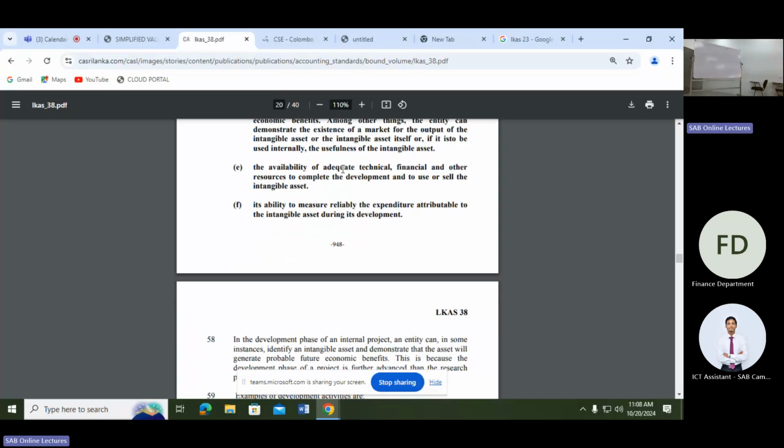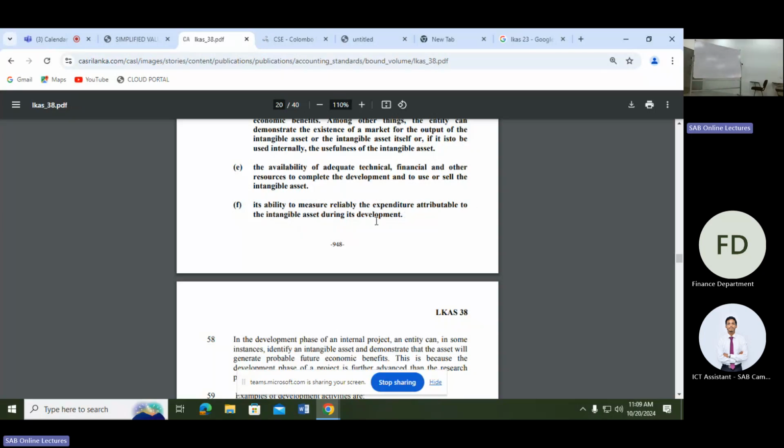The availability of adequate technical, financial, and other resources to complete the development and use or sell the intangible asset. As a company, we should have the financial capability to address this, and technically we have to be sound, right? To develop this. Then the ability to measure reliably the expenditure attributable to the intangible asset during development.